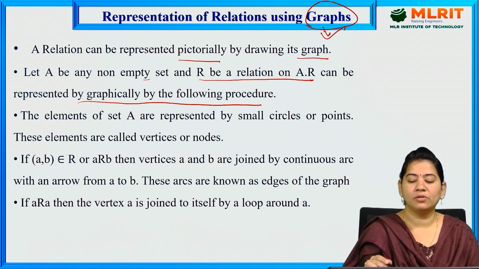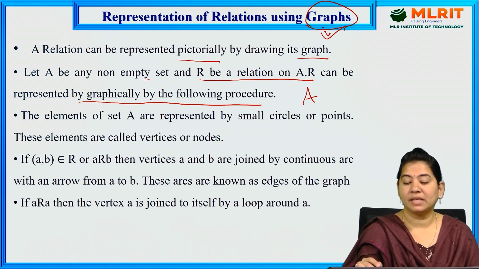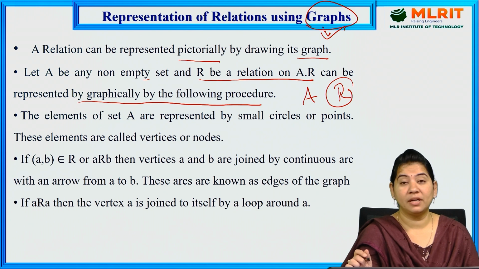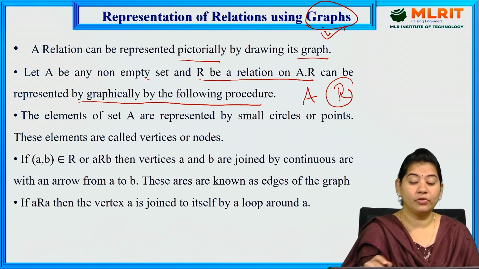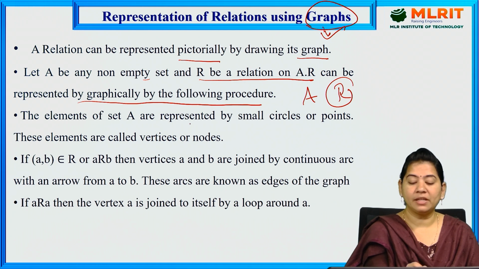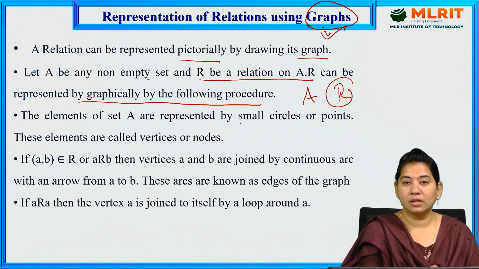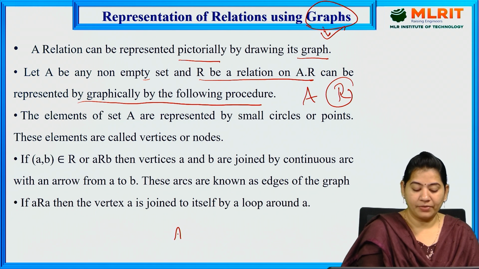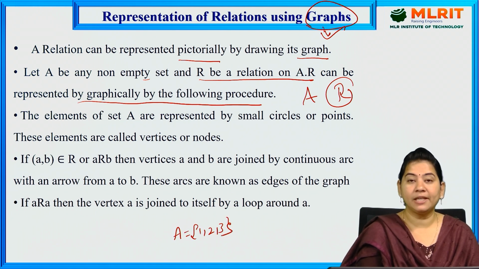So, let us suppose we have a set capital A, a non-empty set, and R is a relation. And how that R can be represented in the form of a graph is, you have to follow these steps. The elements of set A are represented by small circles or points. For example, set A is equal to 1, 2, 3.